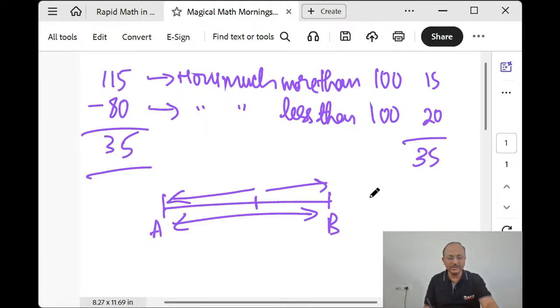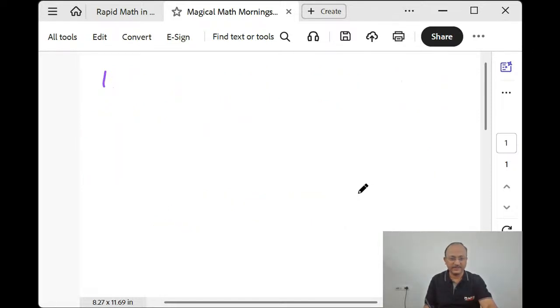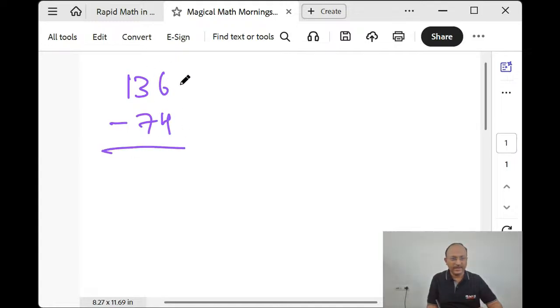Let's take a few more examples. Consider 136 minus 74. Instead of doing it directly, 136 is 36 more than 100, and 74 is 26 less than 100, because 100 minus 74 we can do quickly using the Nikhilam sutra, correct?